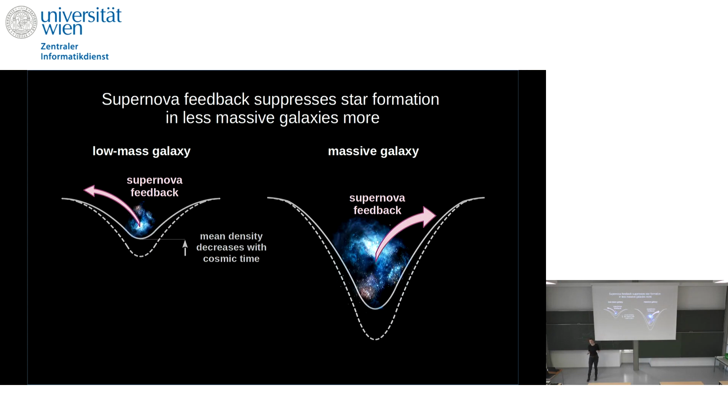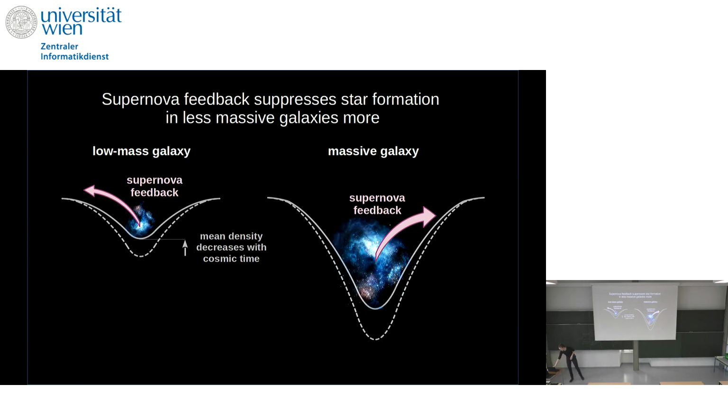Of course, they regulate star formation in a certain way, but not in the same way as for low mass galaxies. The other thing you can see is that as the universe evolves, the mean density of the universe decreases as it expands. So the mass range over which supernova feedback plays a role also shifts slightly as the universe evolves.